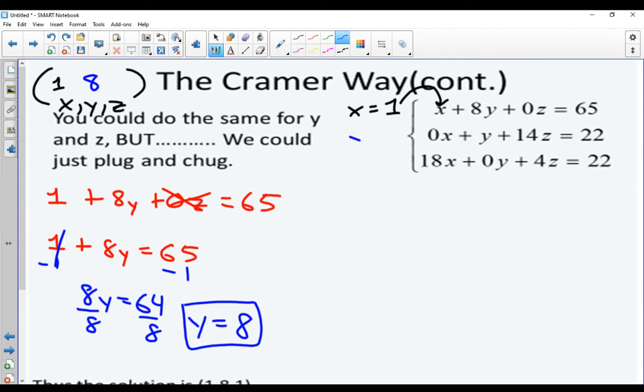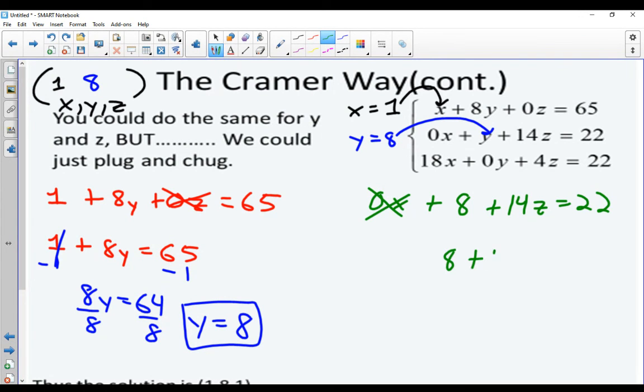And then to find your z, why don't you take this y equals 8, plug it into the second equation. So 0x plus, well, y, but y is now 8, plus 14z equals 22. Don't need that anymore. 8 plus 14z is equal to 22.